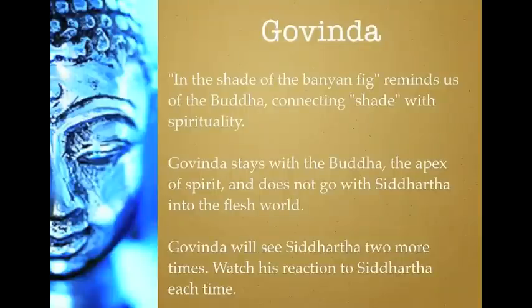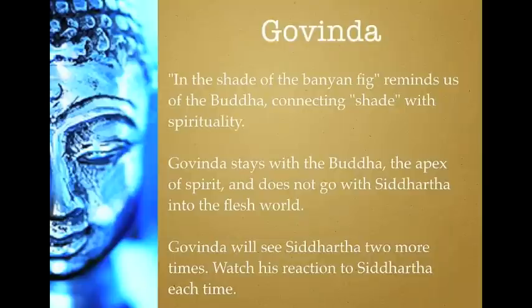All right, once again, in the shade of the banyan tree reminds us of the Buddha, connecting shade with spirituality. Govinda stays with the Buddha. We've already read that, hopefully. That is the apex of spirit. The highest point you can get spiritually in terms of this book is the Buddha. He's the enlightened one. Enlightened one means perfect one.